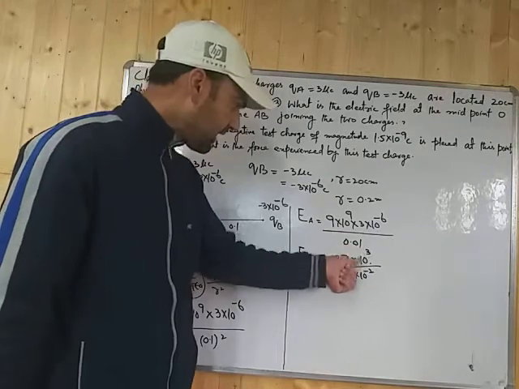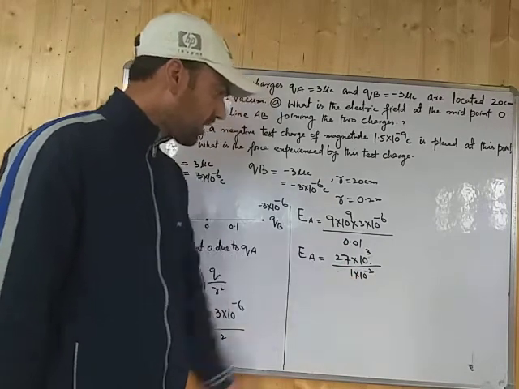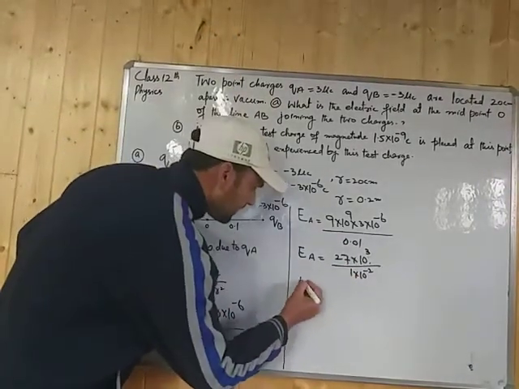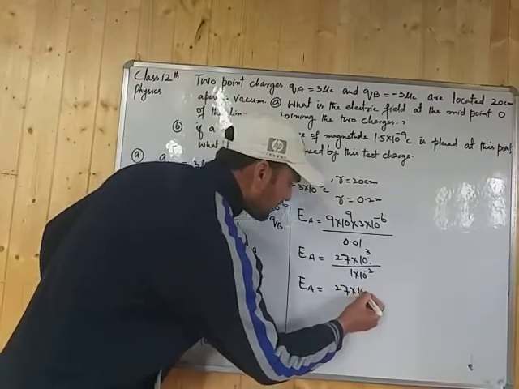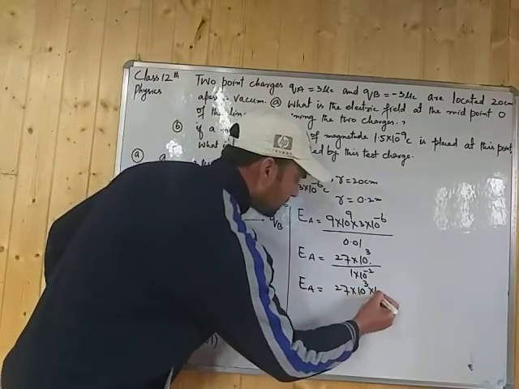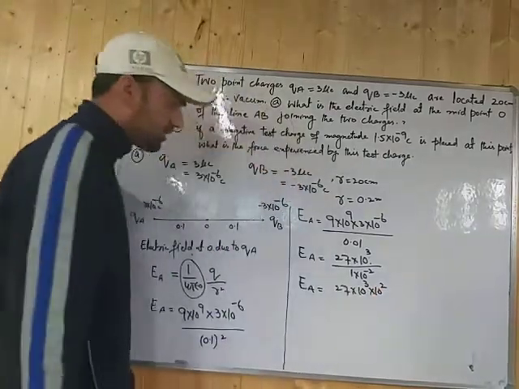So 1 divided by 100 is equal to 1 into 10 raised to power minus 2. Or we can write EA is equal to 27 into 10 raised to power 3 into 10 raised to power 2.